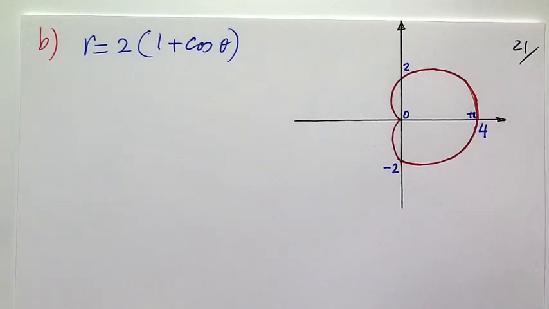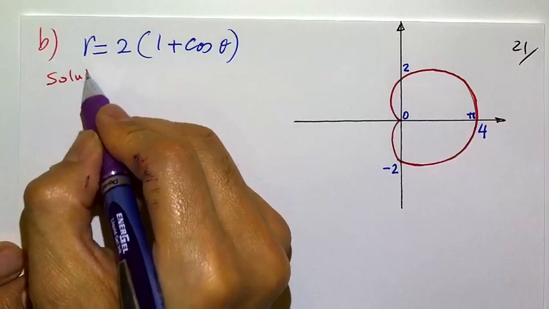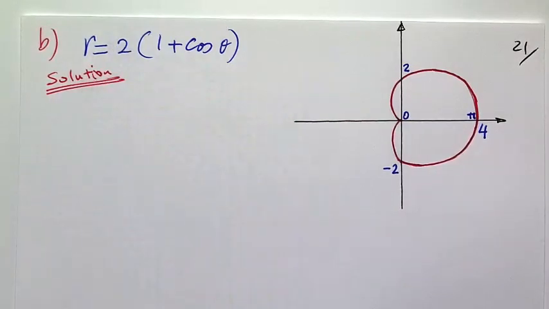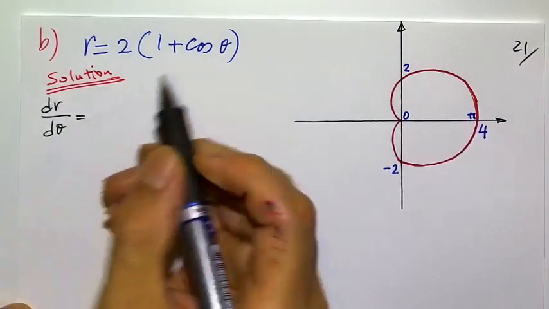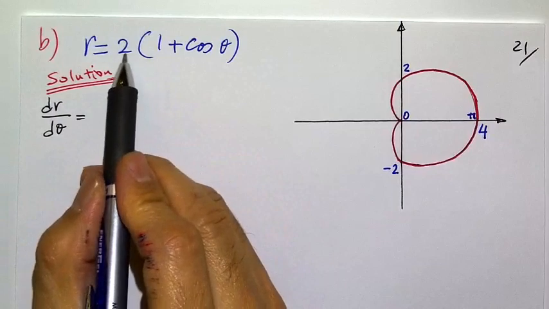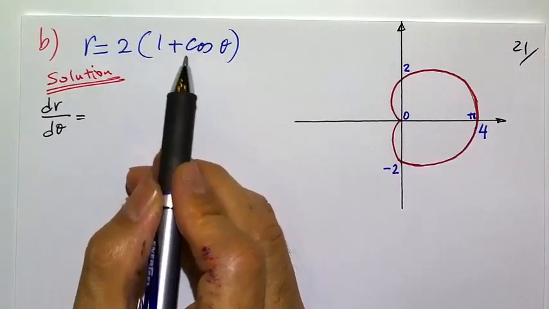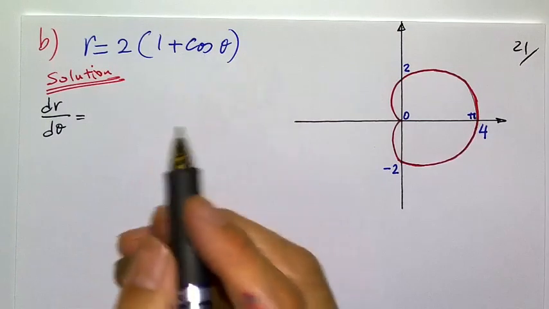The first thing we want to calculate is dr d theta, right? That's one of the pieces we need in our formula. So dr d theta is simply, if you distribute this, you get 2 plus 2 cosine theta. So the derivative of 2 cosine theta would be minus 2 sine theta, right?